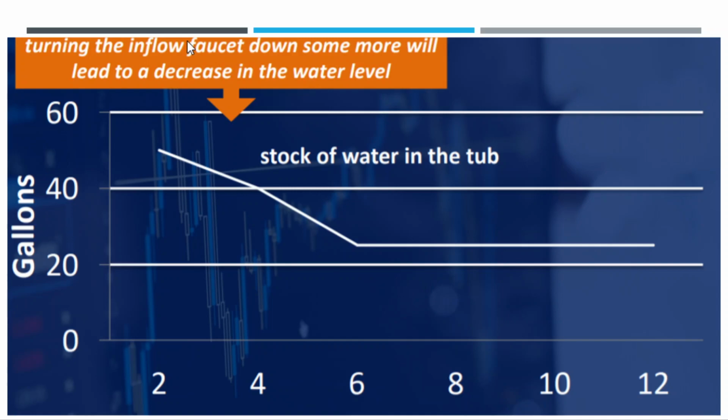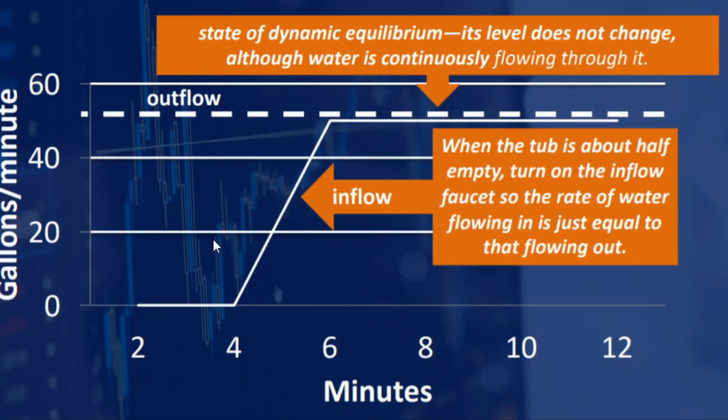You turn the inflow faucet down some more will lead to a decrease in the water level. For example, nilakasan mo yung in this case, nilakasan mo yung tubig sa faucet, it will increase the water level kahit may outflow. Ngayon naman, halimbawa equal lang sila, equal lang yung lakas ng tubig sa pressure na outflow ng tubig, so equal lang yan.